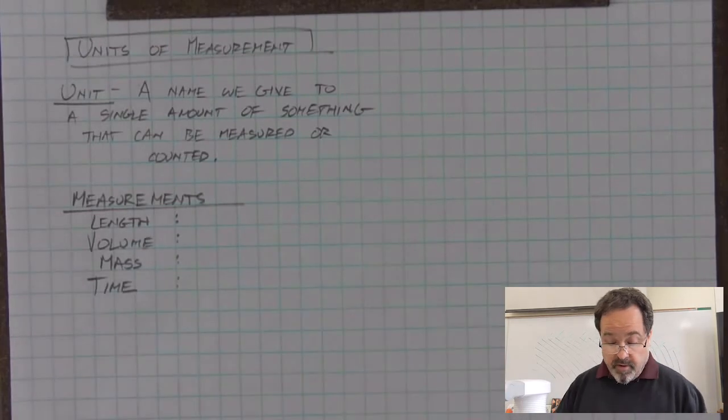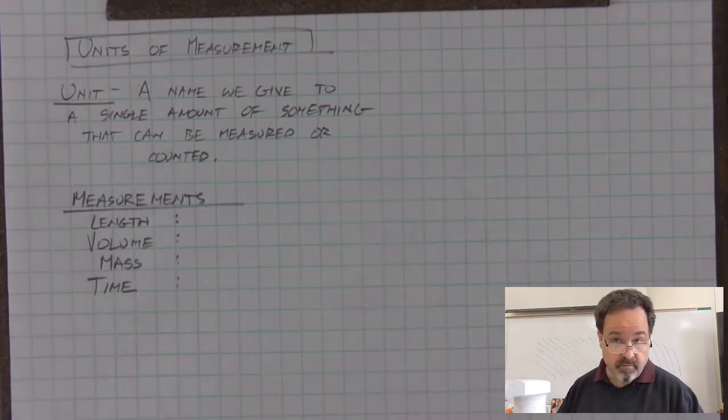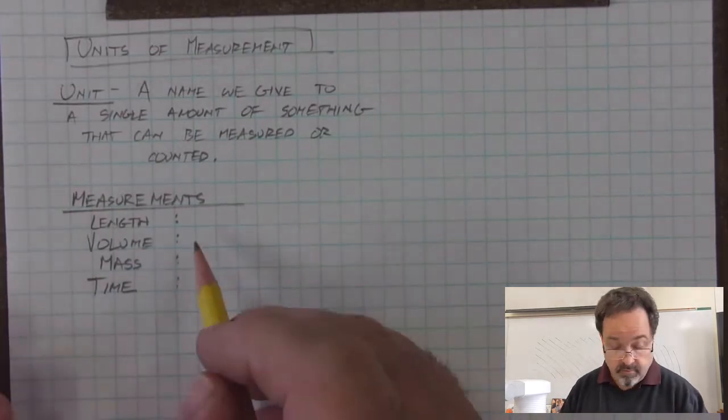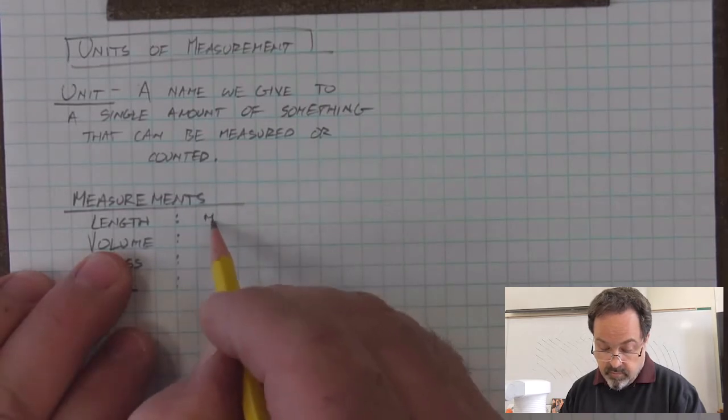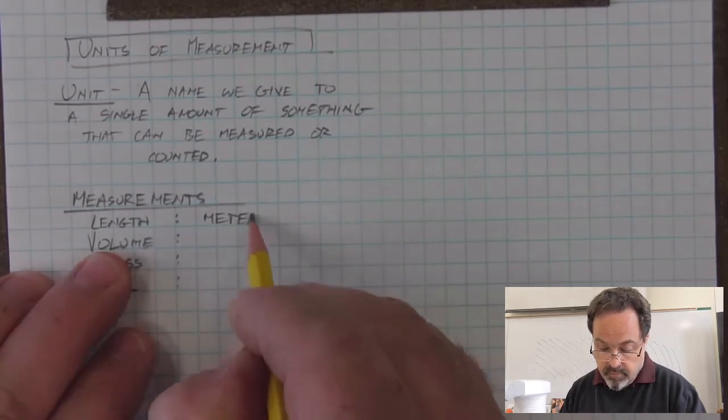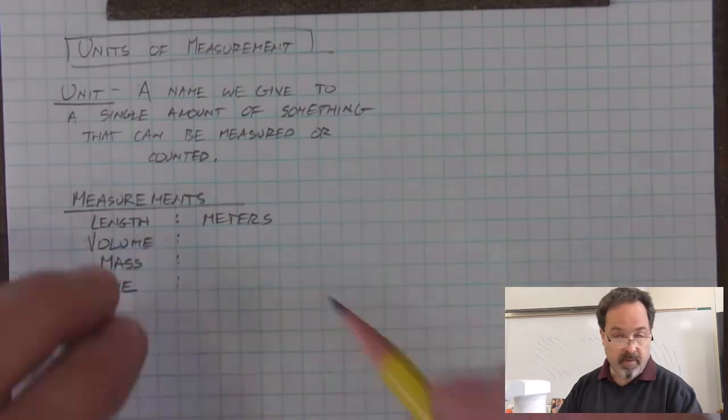And when we take these measurements, there are many different units of various size. We can measure length in many different ways: millimeters, miles, light years. But a very common measurement of length to use, we'll list one, is meters, as an example.